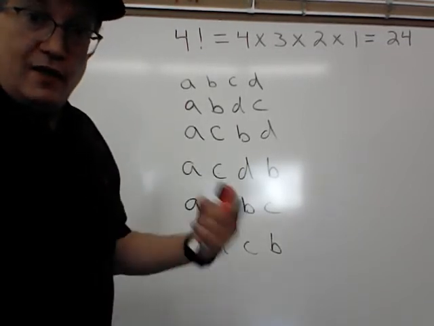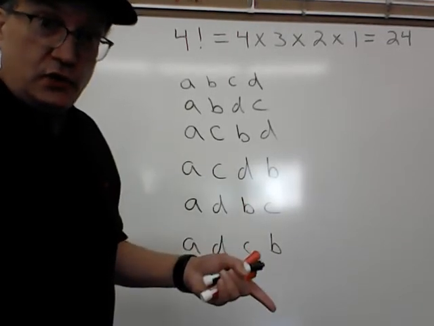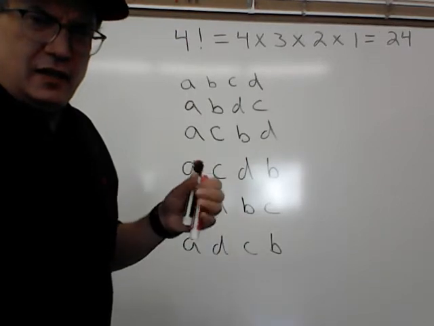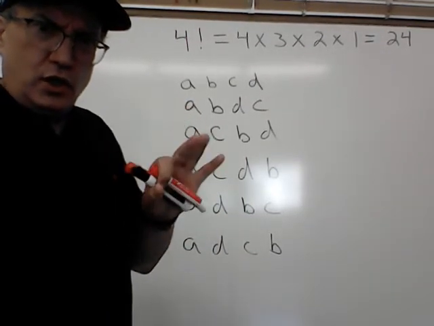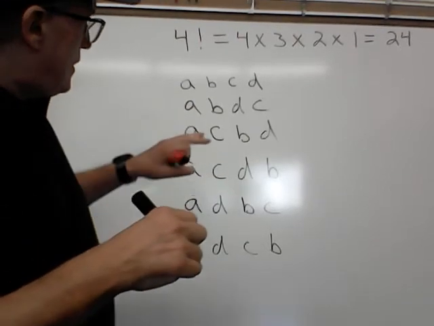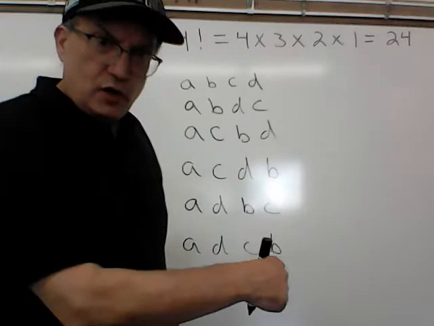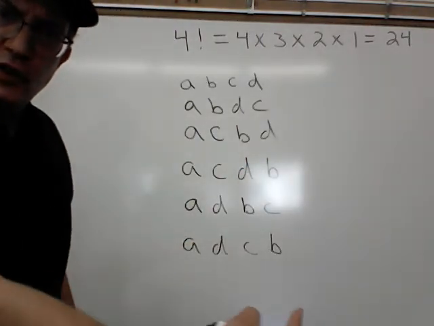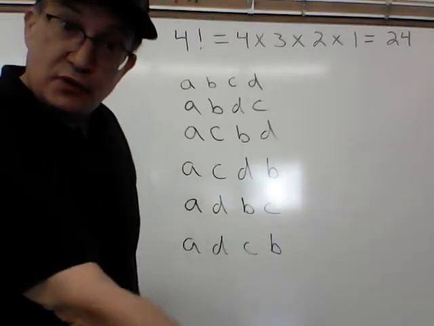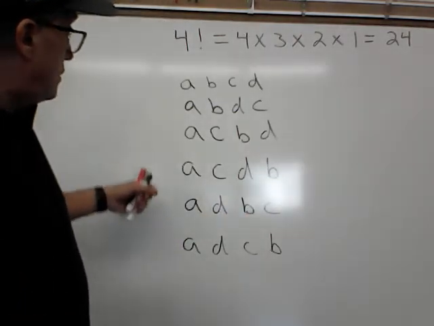Well, we could have B first, we could have C first, we could have D first. And I think it's intuitive. I think you should appreciate that if there are 6 possibilities with A first, then there should also be 6 possibilities with B first, and 6 possibilities with C first, and 6 possibilities with D first.